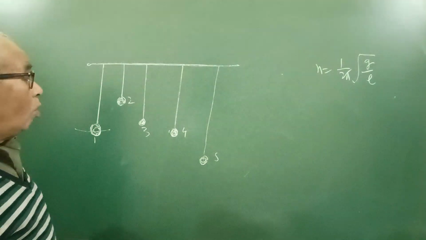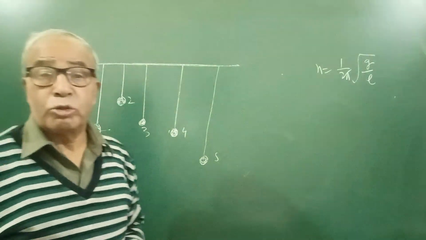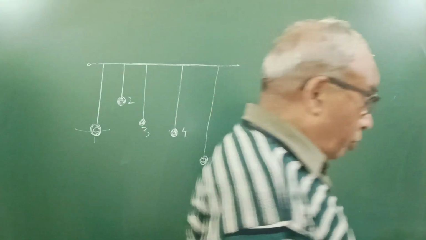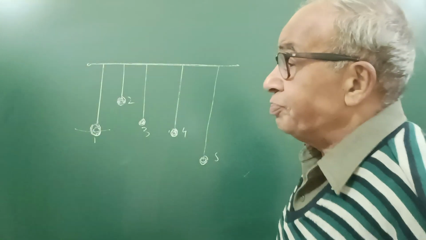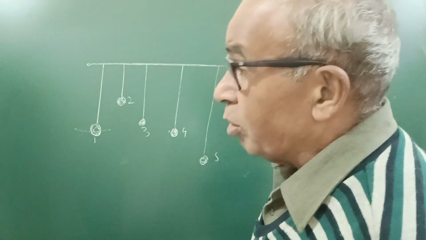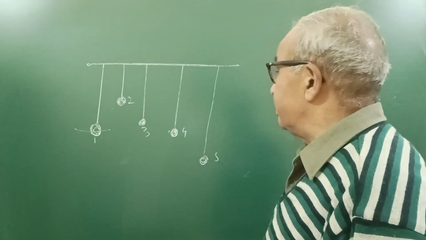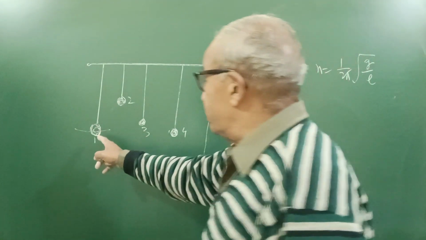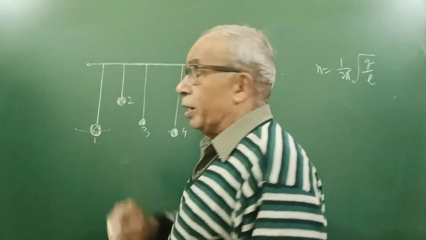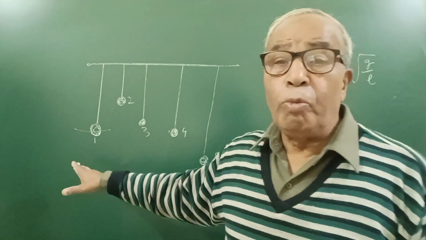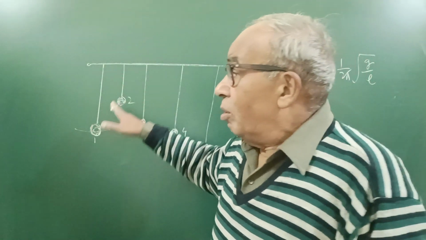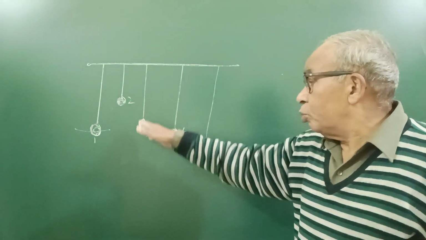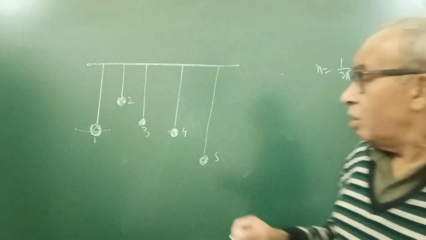So initially all these pendulums will start oscillating with different frequencies, and gradually later on they start oscillating with the frequency of pendulum 1, because pendulum 1 is applying periodic force on pendulums 2, 3, 4, 5.